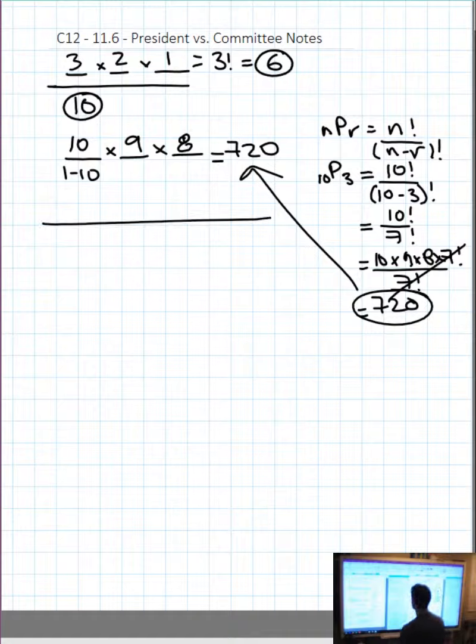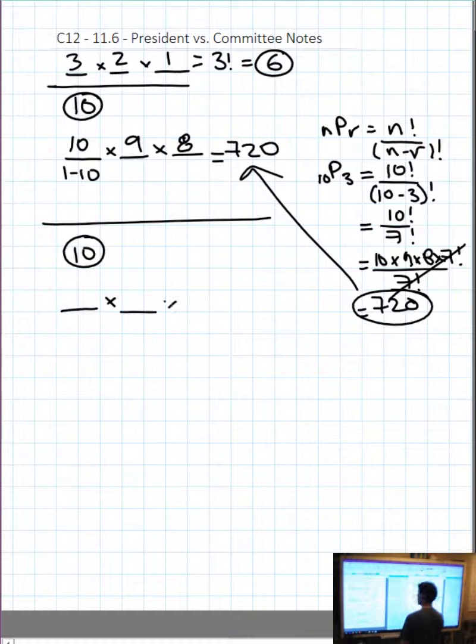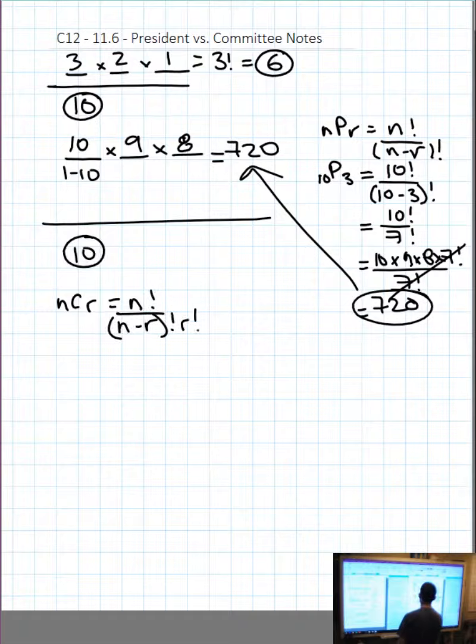So now let's take a look at another example called a committee. So now we're voting on a committee of 3. So again, we have 10 people, and we're choosing a committee of 3. With a committee, with C, blanks do not work out as well. So, let's start off with the combination notation. nCr equals n factorial over (n minus r) factorial times r factorial.